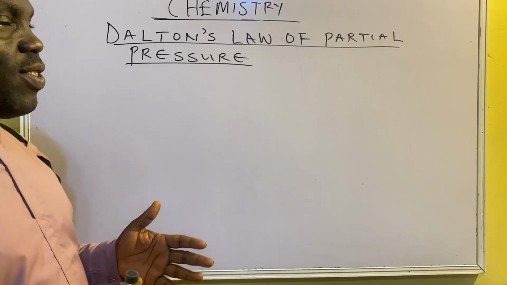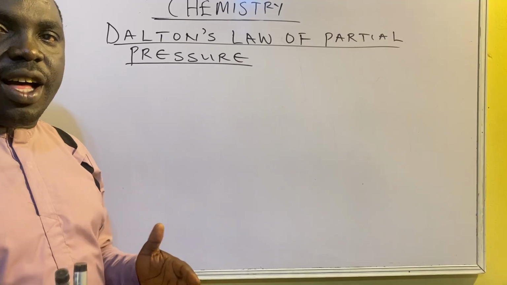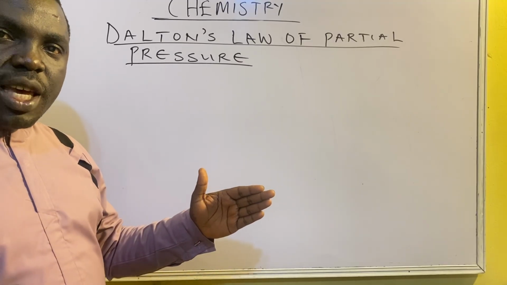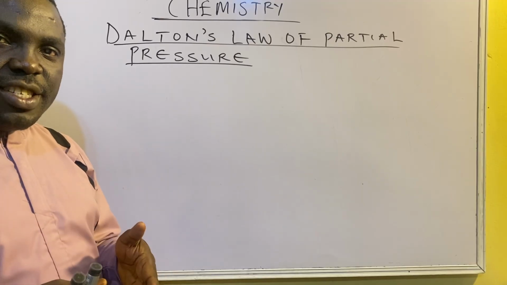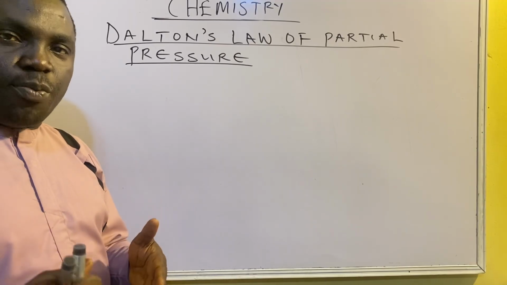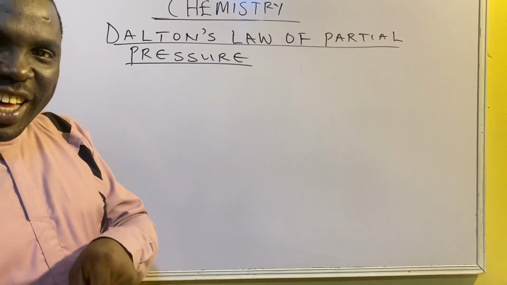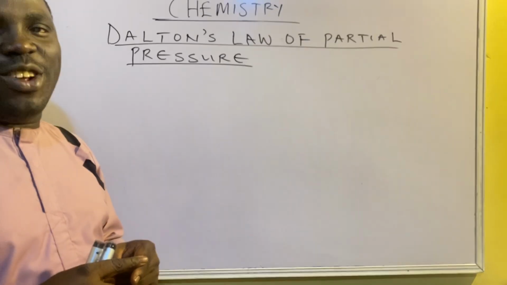For example, the law states that if there is a mixture of gases which do not react chemically together, the total pressure exerted is the sum of the partial pressures of the individual gases that make up the mixture.